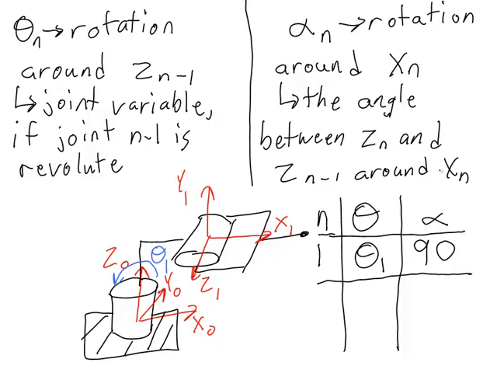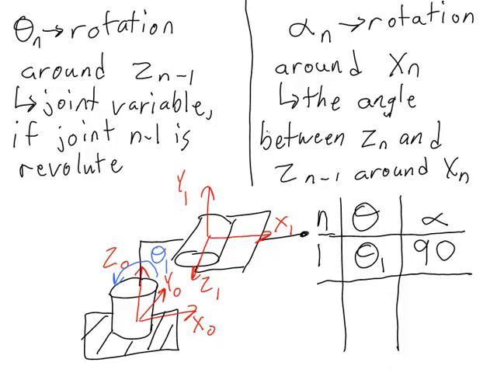Alpha n is defined as the rotation around Xn, that is, in this case, X1, and that is the angle between Zn, Z1, and Zn-1, or Z0. In other words, alpha 1 is the angle that we would have to rotate Zn-1 to get it to match Z1 by rotating it around X1.